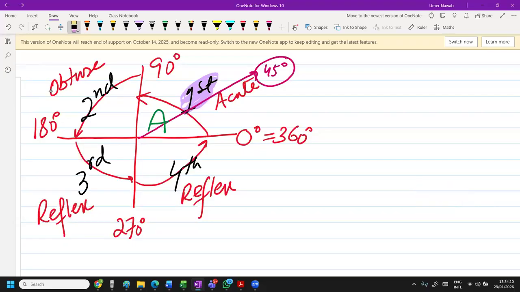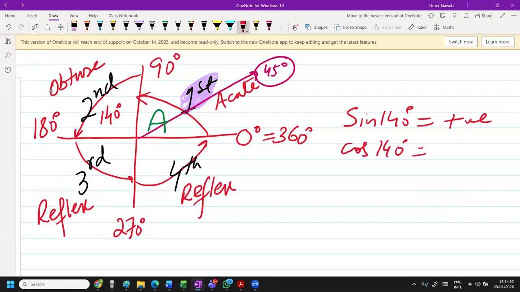Now let's take any angle from 90 to 180. Suppose I take 140 degrees. Now 140 is an obtuse angle. Let's try to take sine of 140. My calculator will give me a positive answer. Cosine of 140, when you try to get it from the calculator, you get a negative answer.